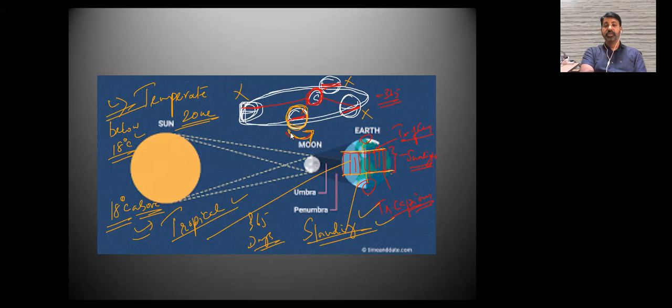It is clear. So the seasons are happening particularly because of the revolving nature of the earth around the sun. That point you need to keep in your mind. Day and nights are happening because of the rotation of the earth. Seasons are happening because of the revolution of the earth.